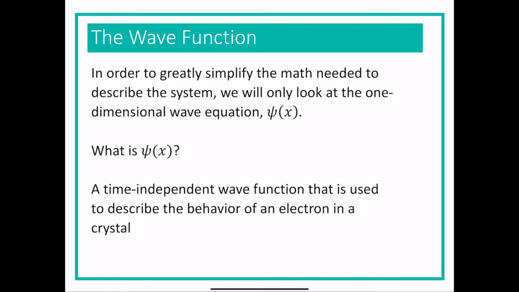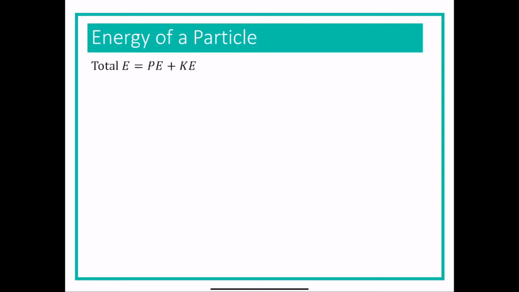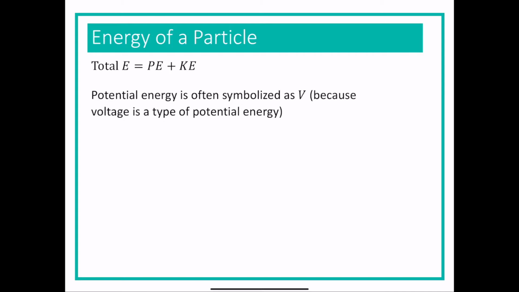So we're going to go through to figure out how to use this to figure out how much energy there is. First of all, total energy is potential energy plus kinetic energy. We all know that, which is good. In here, potential energy is frequently symbolized by a V, because voltage is a type of potential energy.